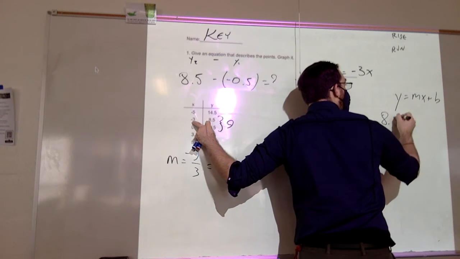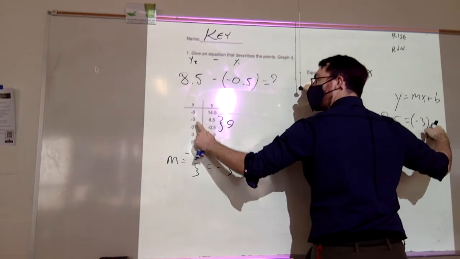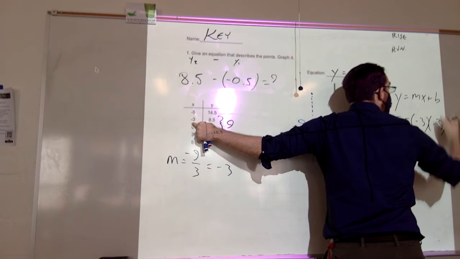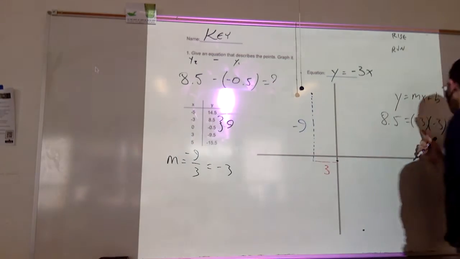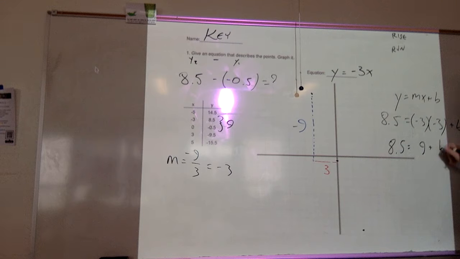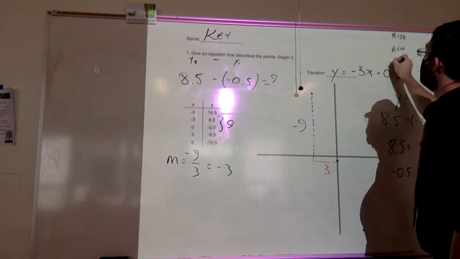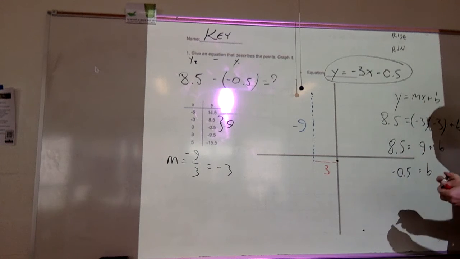So y is 8.5, m is negative 3, x is also negative 3, b is, I don't know. Negative 3 times negative 3 is positive 9. 8.5 equals positive 9 plus b. Subtract 9 from both sides. It's negative 0.5. So minus 0.5. There's the equation.